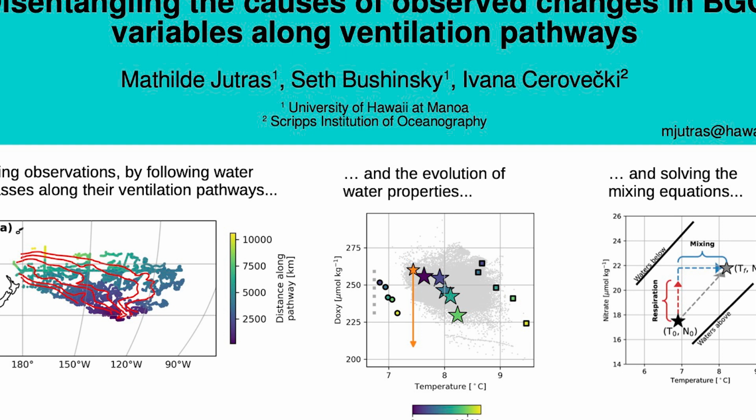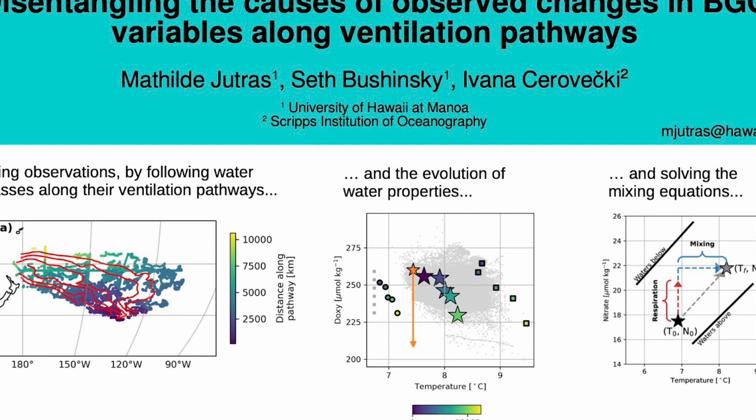And so from the change in temperature, we can retrieve the amount of mixing that occurred between that water mass and the surrounding water masses. And by solving the mixing equations along the pathway, we can get the percentage of the change in any biogeochemical variable that is due to mixing and not to biology.